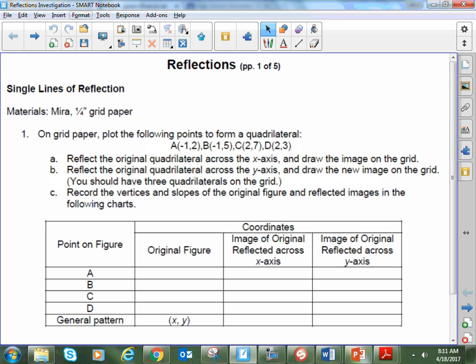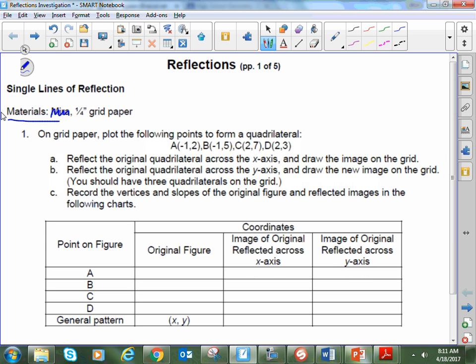So real quick, the materials list that you see here, the Mira, that's not really something that you need. You definitely need graph paper, and patty paper may be helpful to you when doing the reflection.